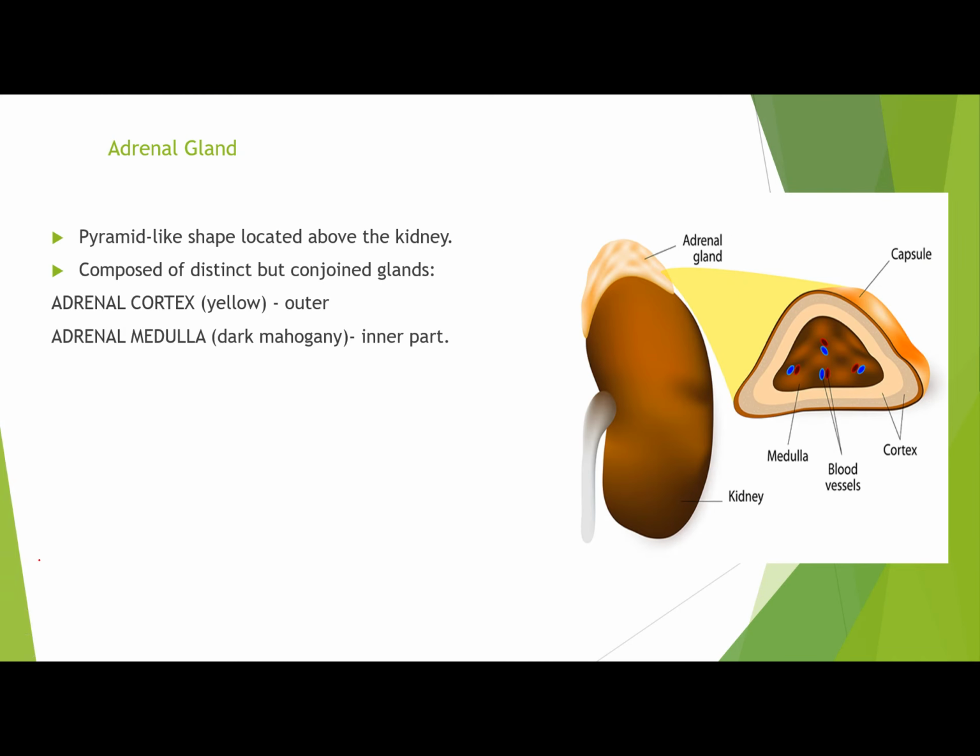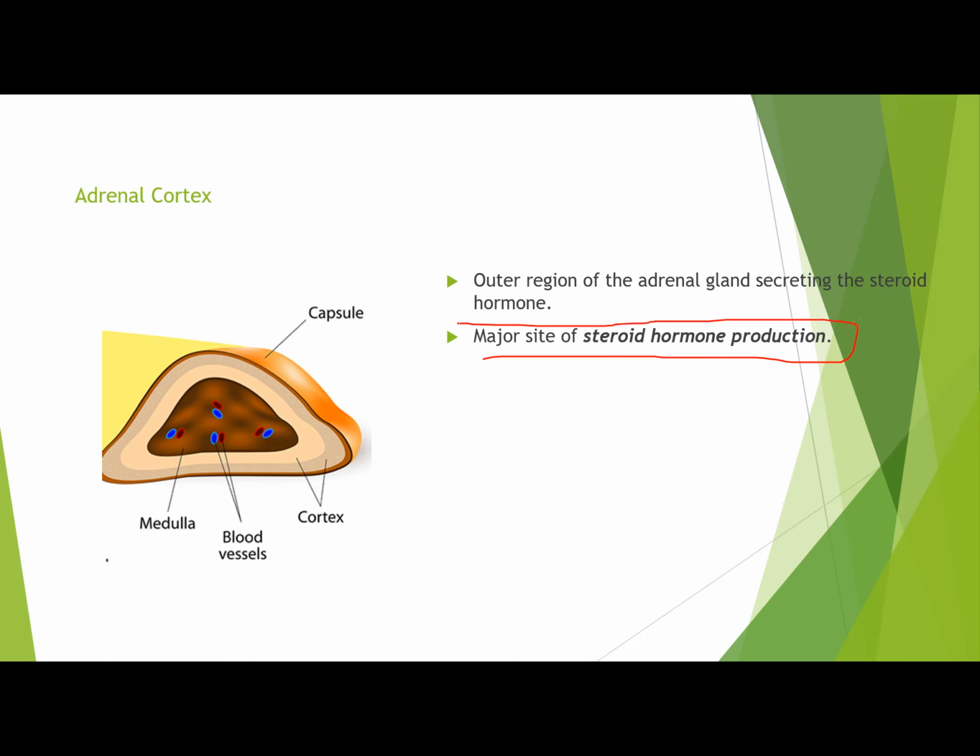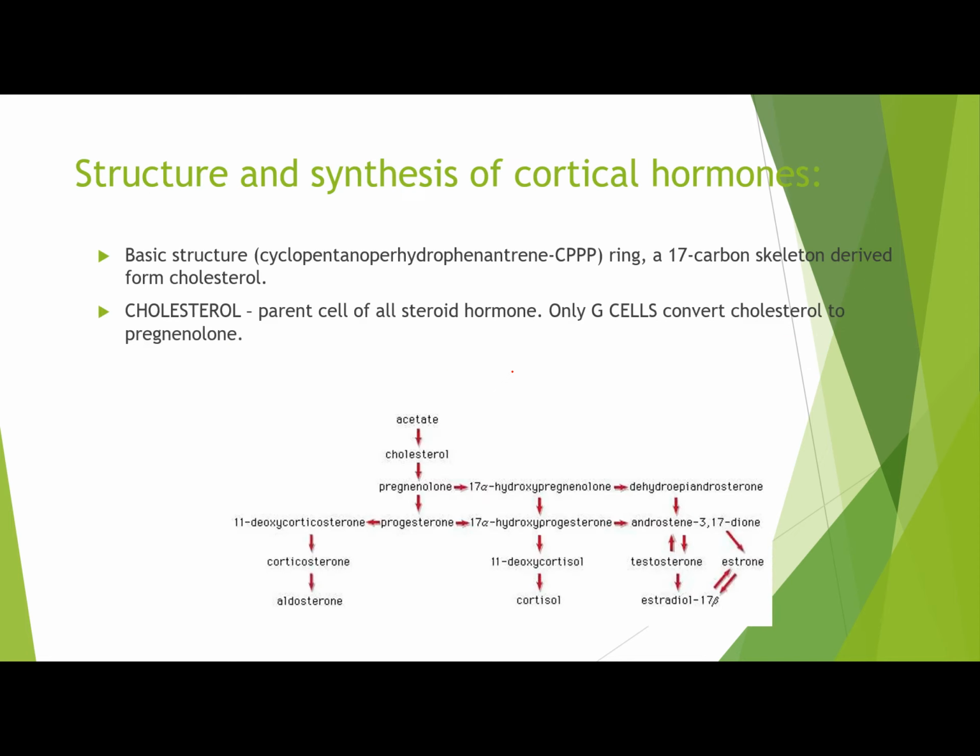This is the adrenal gland class. And it's composed of an outer adrenal cortex and an inner adrenal medulla. Now, the outer region of the adrenal gland secretes the steroid hormone. So, this is the major site class of steroid hormone production. Tandaan nyo class ha? Yung outer region nyo, ang adrenal cortex.